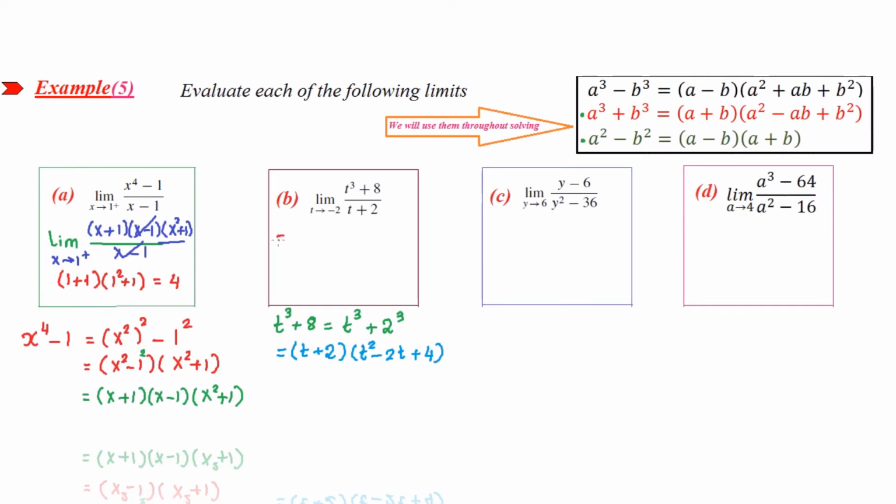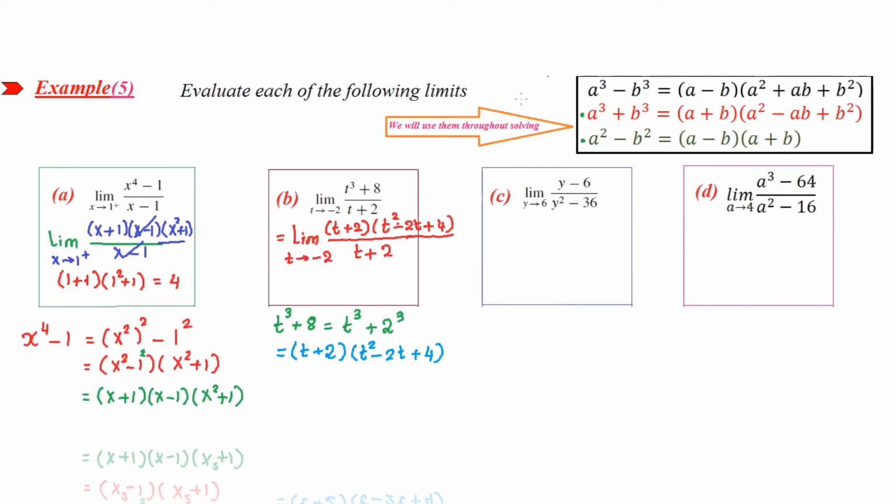So our limit equal limit t plus 2 multiplied by t square minus 2t plus 4 divided by t plus 2 when t goes to negative 2.